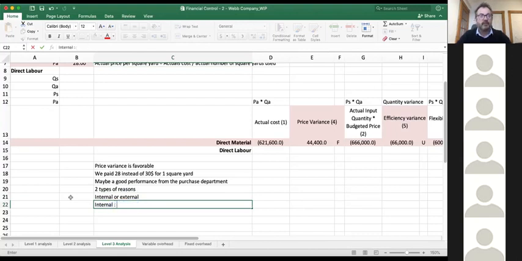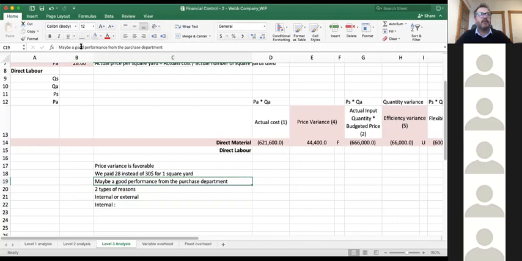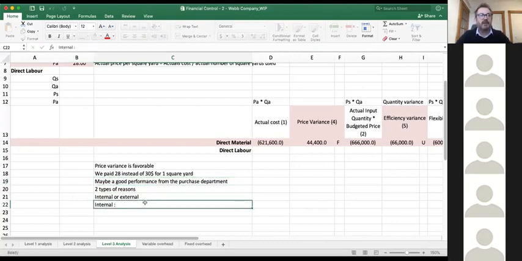So, as we say, maybe a good performance from the purchase department. So good negotiation, okay? Good negotiation from the purchase department.